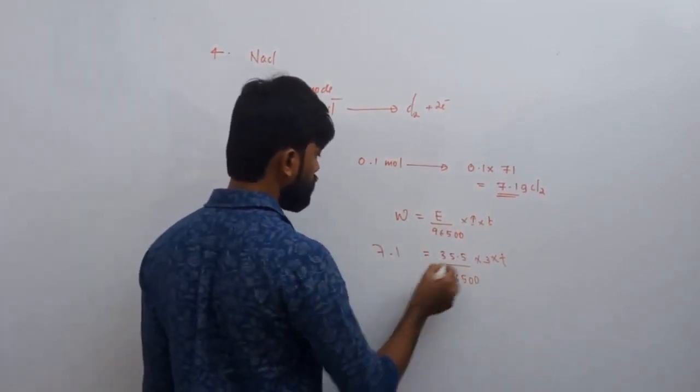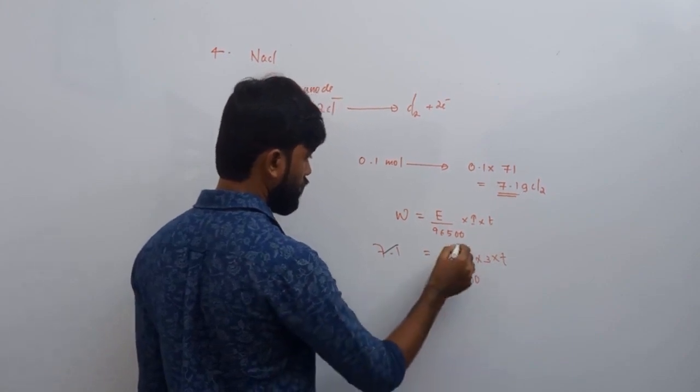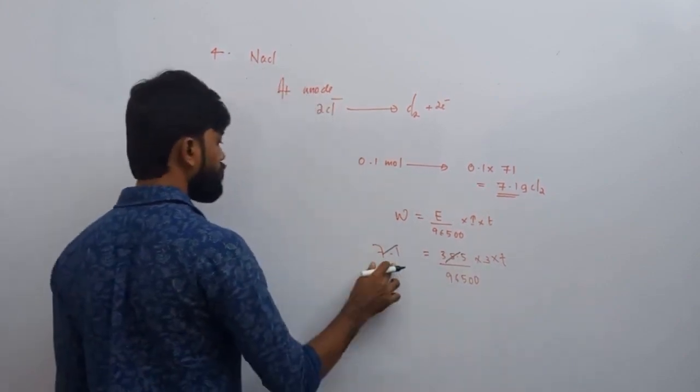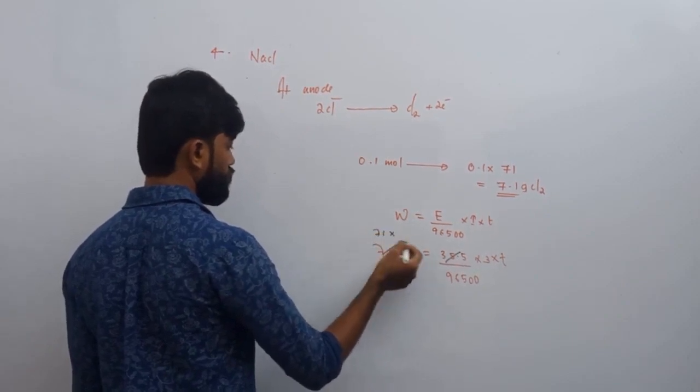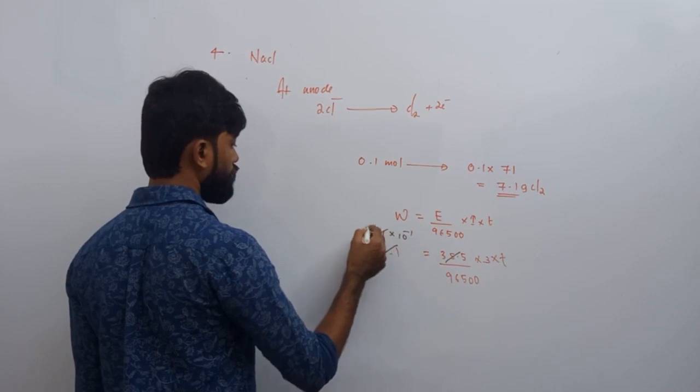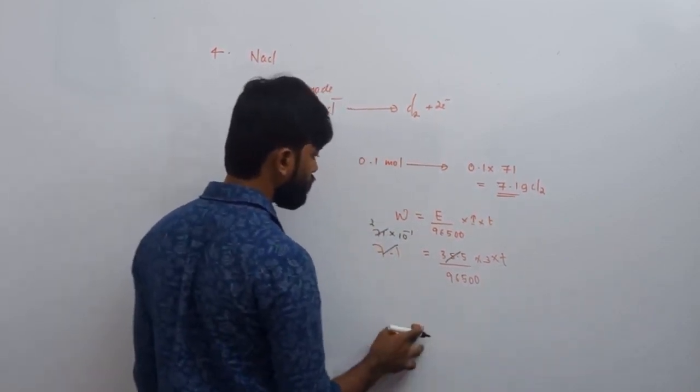So this can be cancelled. 71 into 10 raised to minus 1 and 71 into 10 raised to minus 1, so 2 into 10 raised to minus 1 here. This is multiplied to here.